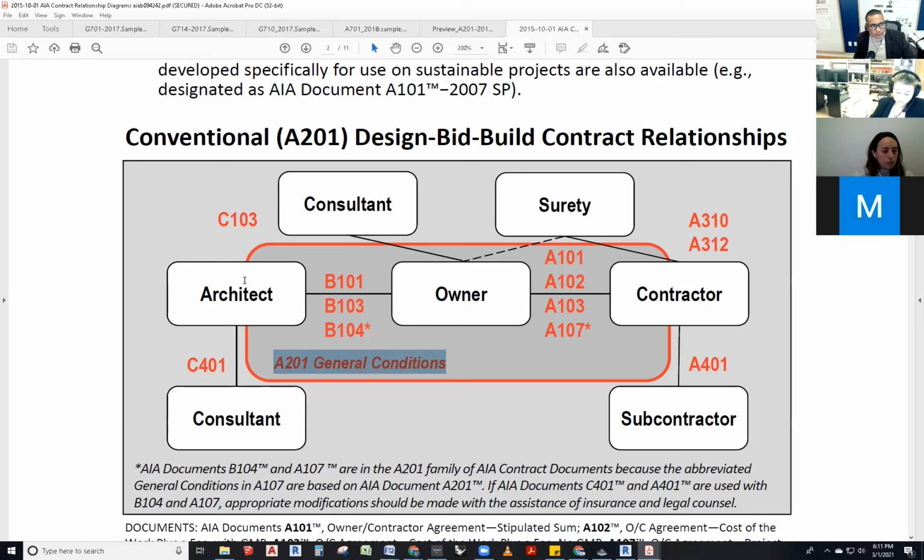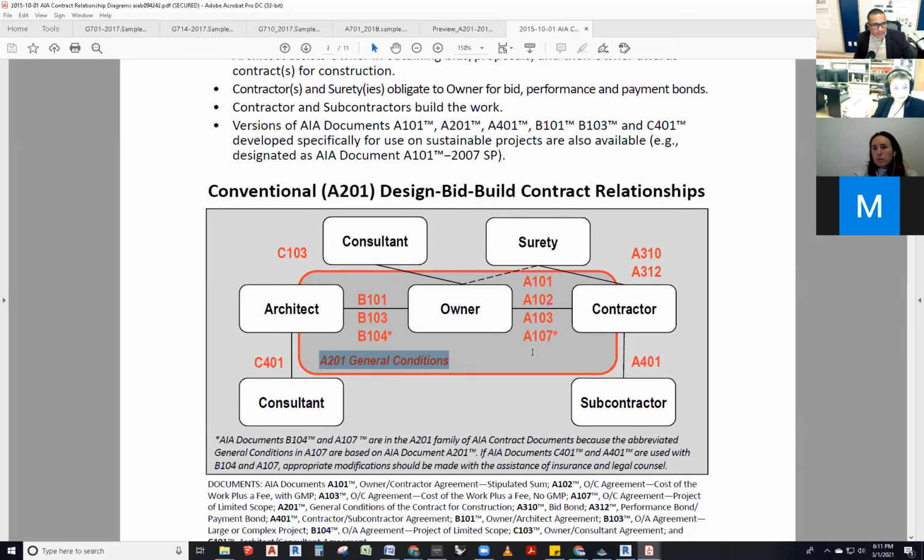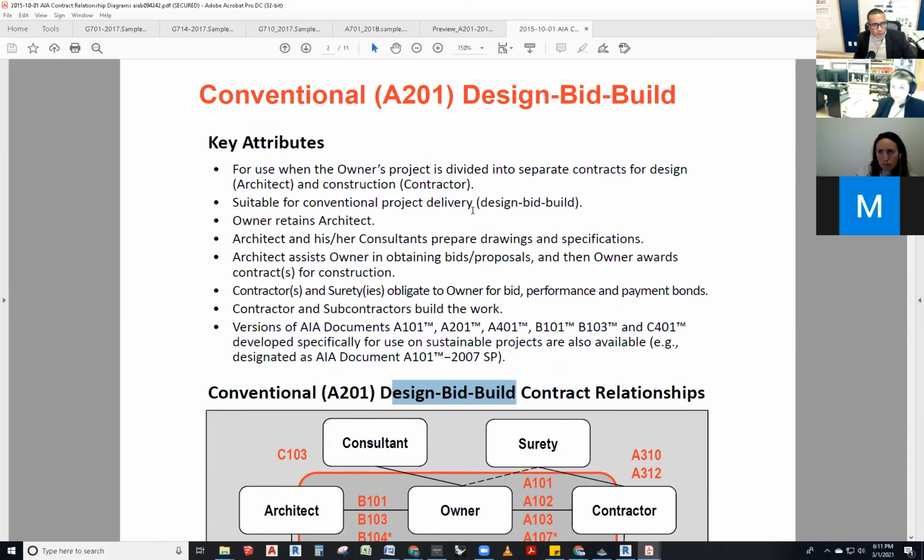That's one of our duties as per the B101. You guys understand that the A201 is for the design bid build, which is our traditional delivery method. So I'm gonna read these key attributes real quick.